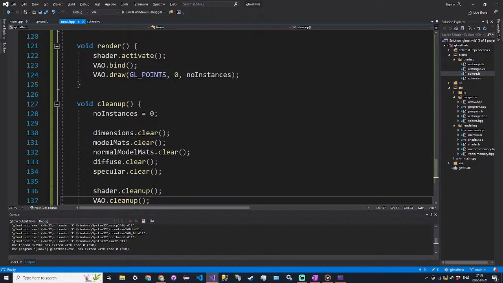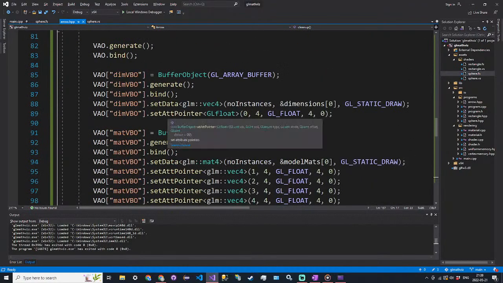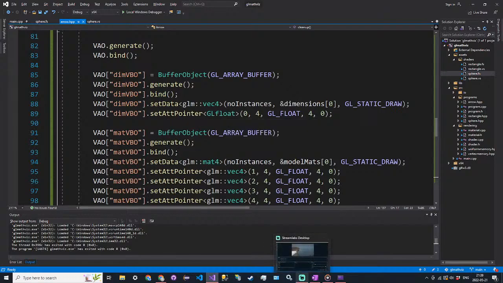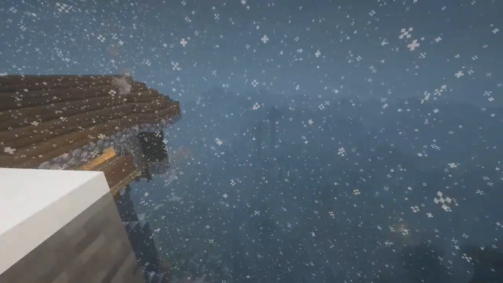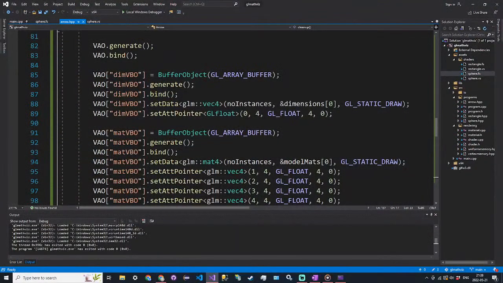All right. So we just finished writing the arrow class. We have our vertex buffer objects set up, and we are now good to start writing the shaders where we're going to calculate the vertices.